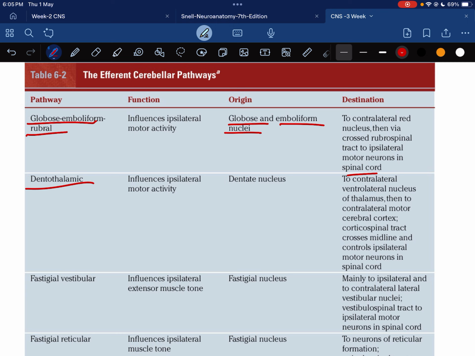And regarding the dentothalamic, it originates from the dentate nucleus and goes to the contralateral ventrolateral nucleus of the thalamus, and then to the contralateral motor cerebral cortex, passes through the corticospinal tract, crosses the midline, and controls the ipsilateral motor neurons of the spinal cord.